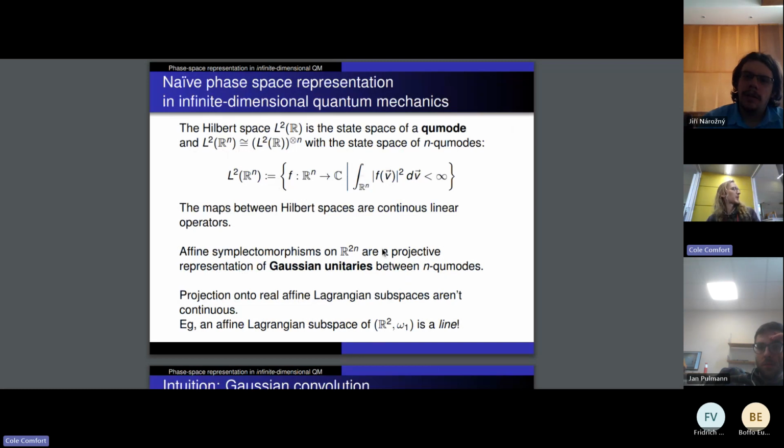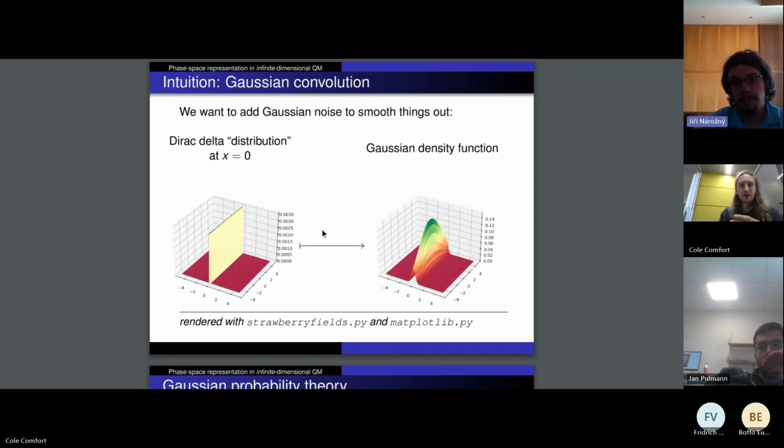The states don't make any sense, because if you think of what an affine Lagrangian subspace of R2 is, it's just given by a line in the real affine plane, and that's completely discontinuous, which means it can't correspond in any way to a morphism between Hilbert spaces, because a line is like, I've rendered this kind of visualization.